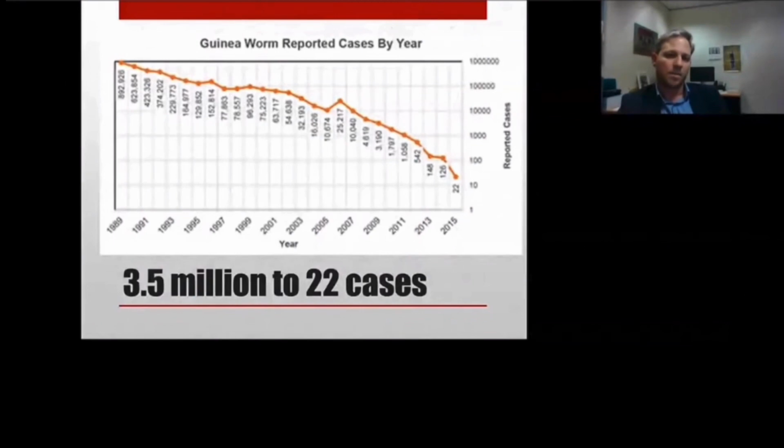So this graph shows numbers from 1989, but in fact, a couple of years earlier, 3.5 million cases were counted of guinea worm.